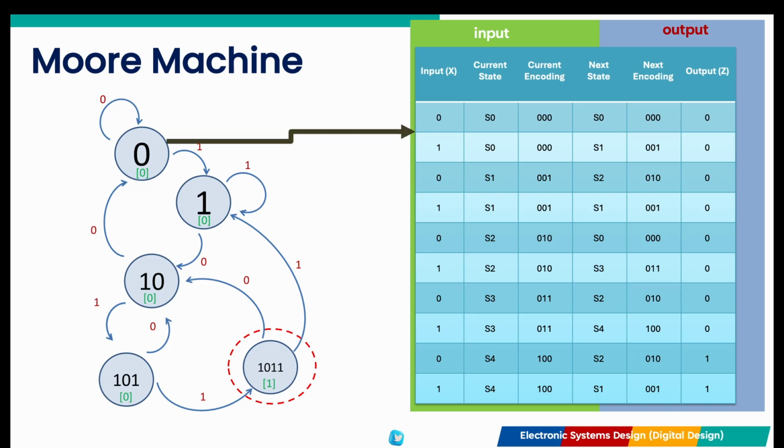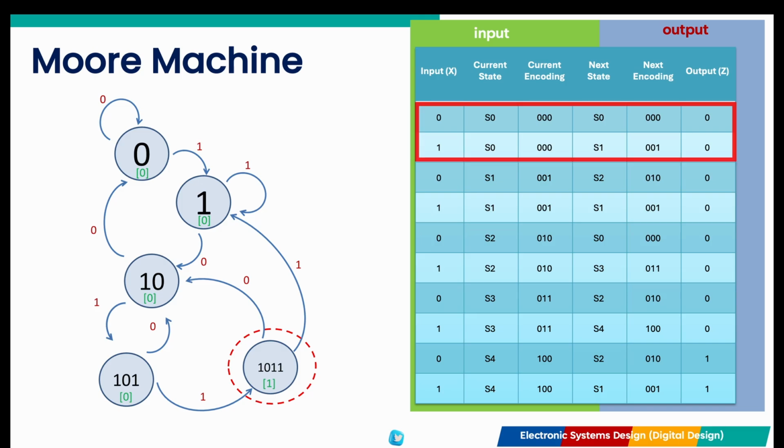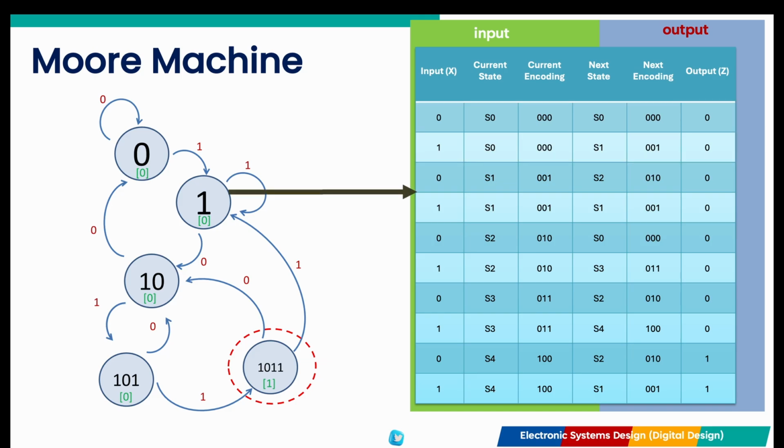Notice the first few rows. If we are in state 0 and the input is 0, the table tells the hardware to stay in state 0. But if the input flips to 1, the table points us to state 1. This is how the logic of the sequence is stored. If we are in state 1 and the input is 0, we move to state 2.